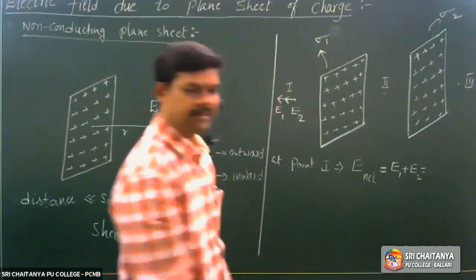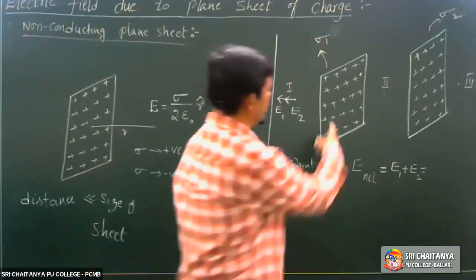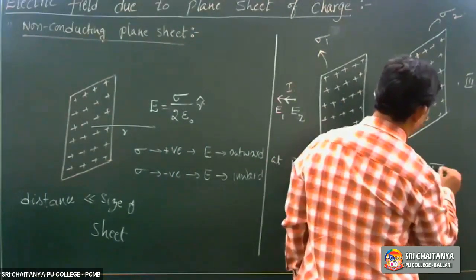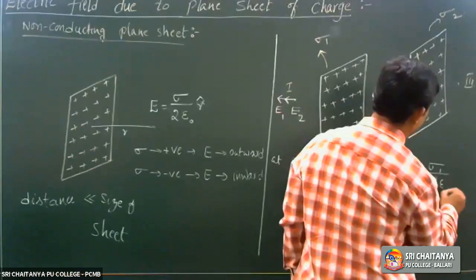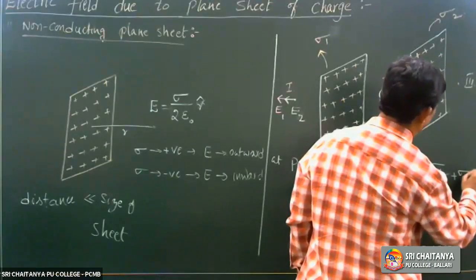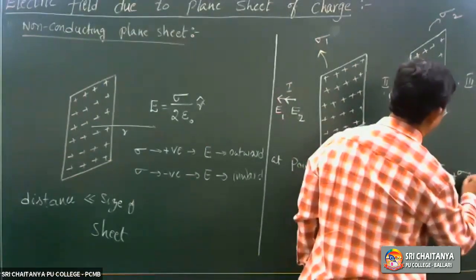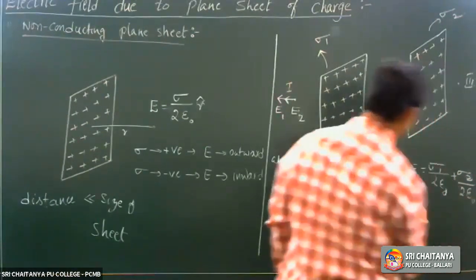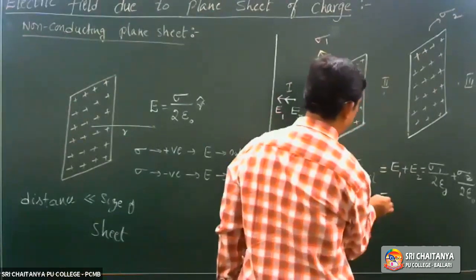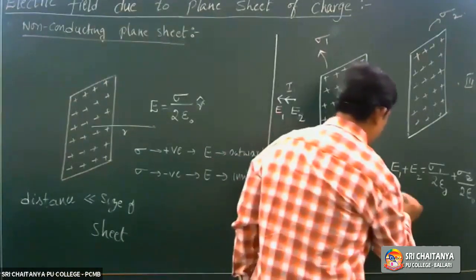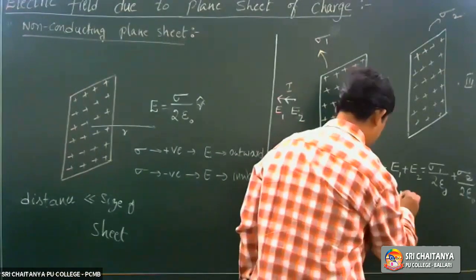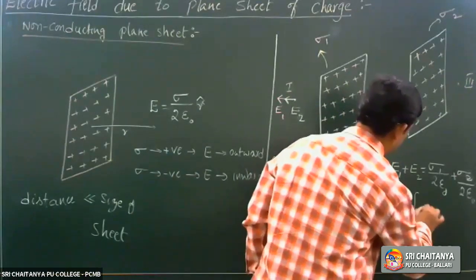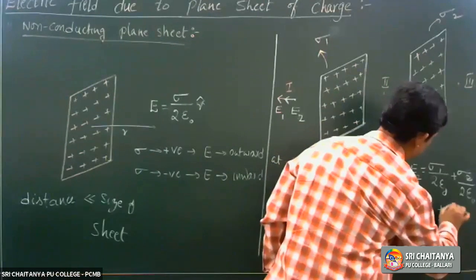Then what is the answer? Due to this plate, sigma 1 by 2 epsilon naught. Due to the second plate, sigma 2 by 2 epsilon naught. Then 1 by 2 epsilon naught times sigma 1 plus sigma 2, like that, right?